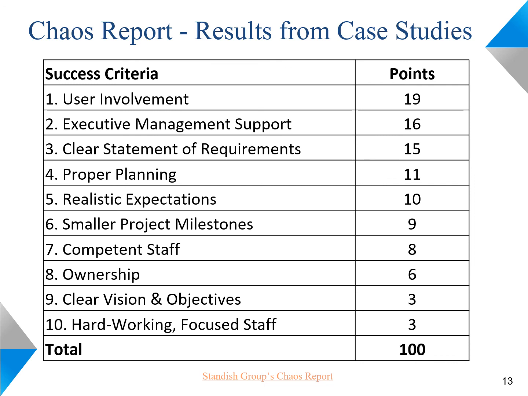Proper planning, and realistic expectations, making sure that the project is not based on unrealistic targets, like very aggressive schedules or aggressive costs. Smaller project milestones, this is big also.